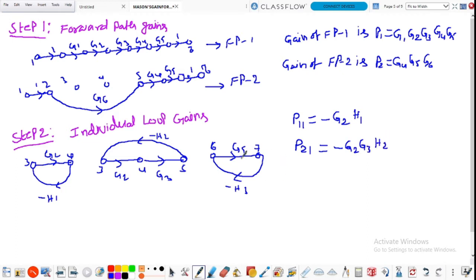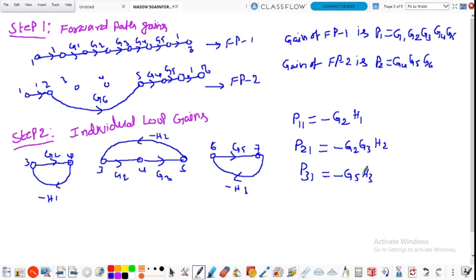Next, this is the third individual loop, and this gain is denoted as P31. It is the product of the branch transmittances, G5 into minus H3, that is minus G5 H3. So these are the individual loops and individual loop gains.